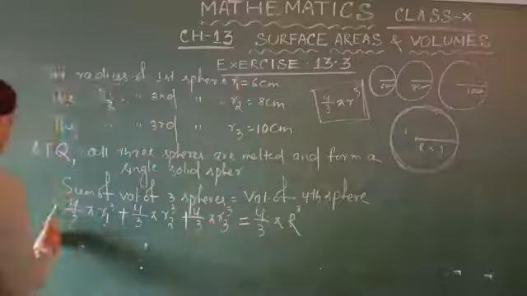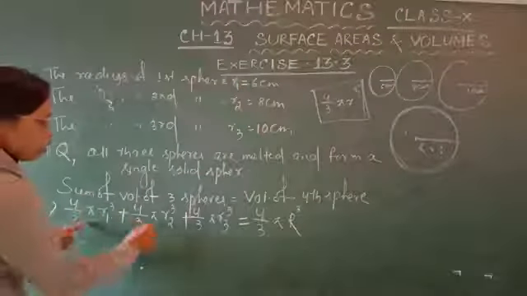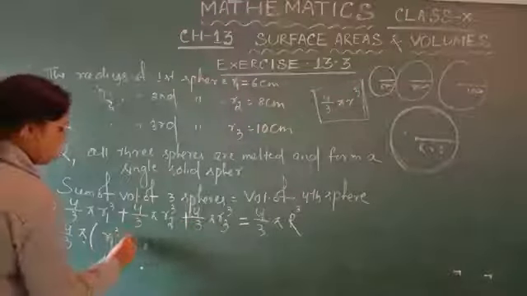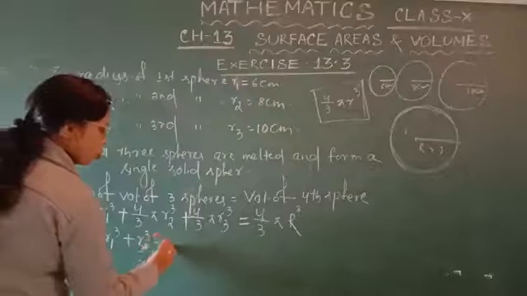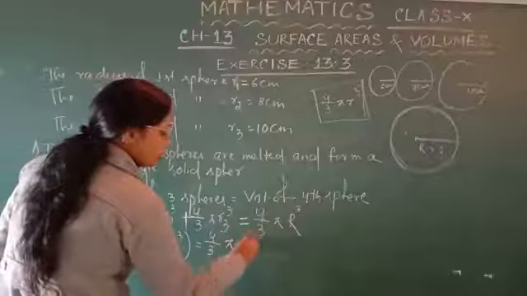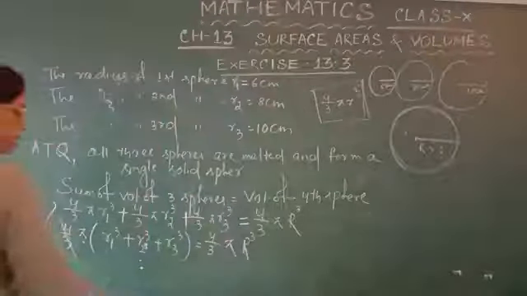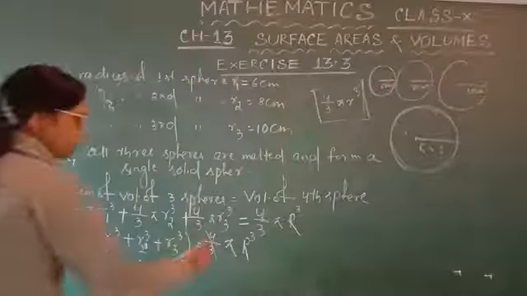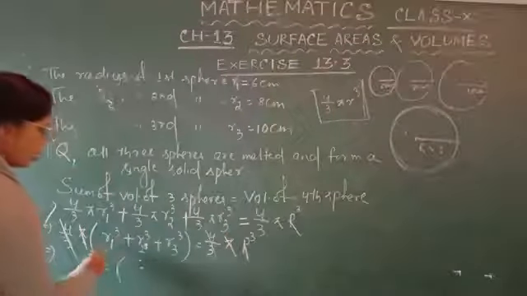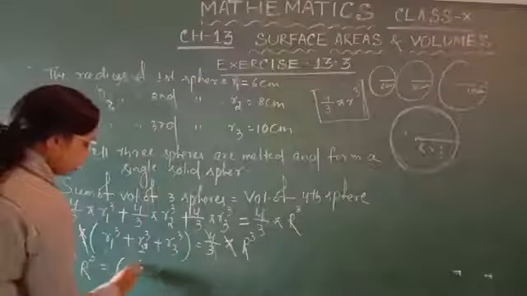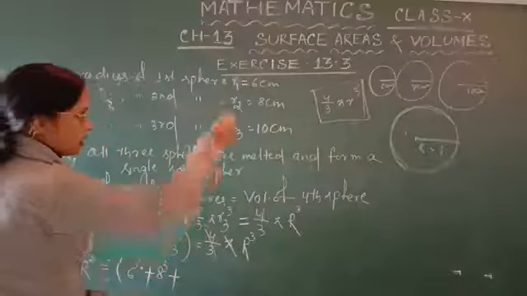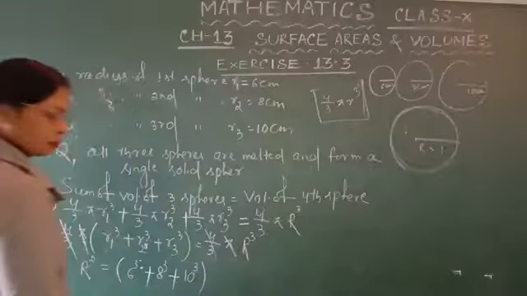So this implies 4 upon 3 pi is common in all, so you can take it common. That is, r1 cube plus r2 cube plus r3 cube is equal to 4 upon 3 pi capital R cube. On both sides 4 upon 3 cancels, pi also cancels. So R cube is equal to r1 cube, that is 6 cube, plus r2 cube, that is 8 cube, plus r3 cube, that is 10 cube.